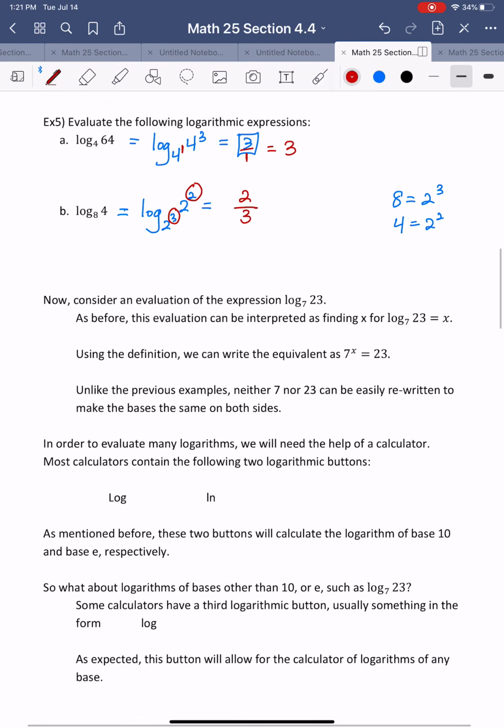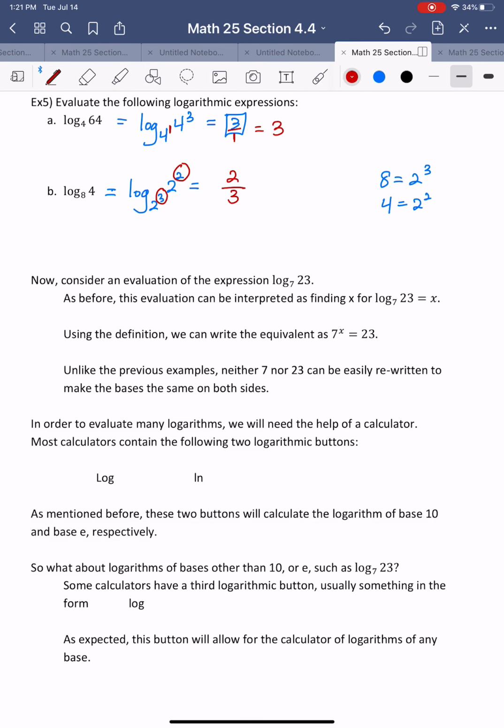Now consider the expression log base 7 of 23. But the problem is there's no way we can match these two numbers to the same base. I don't think I can write 23 as 7 to the something power. So as before, this evaluation can be interpreted as finding x for log base 7 of 23 equal to x.